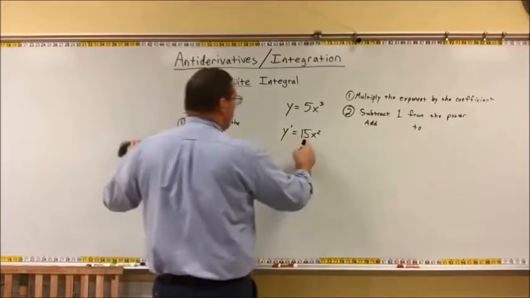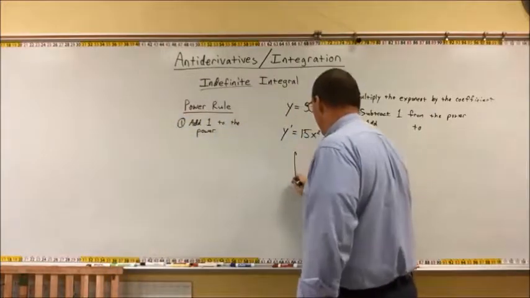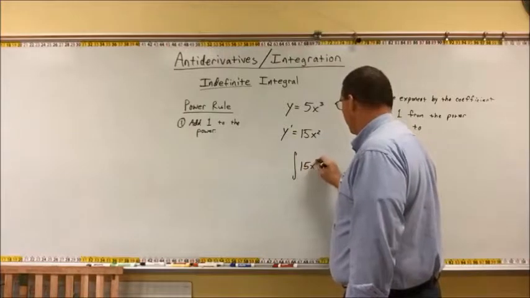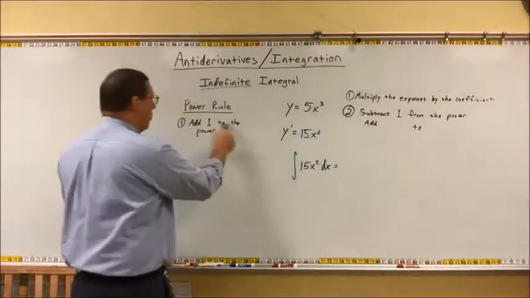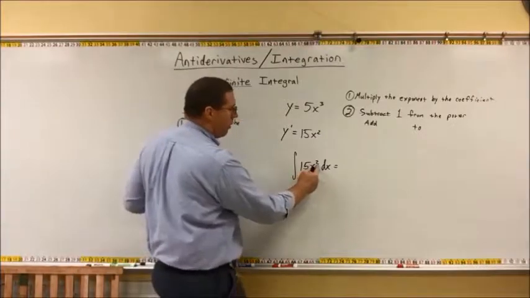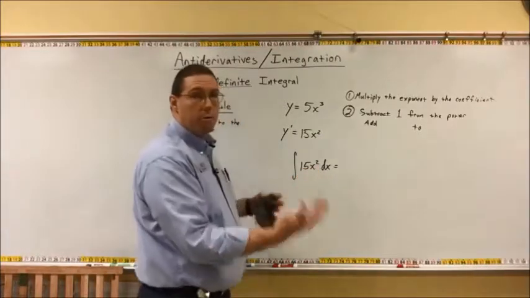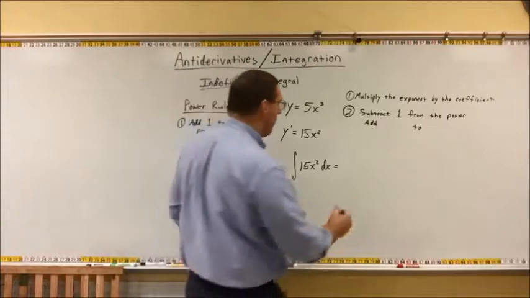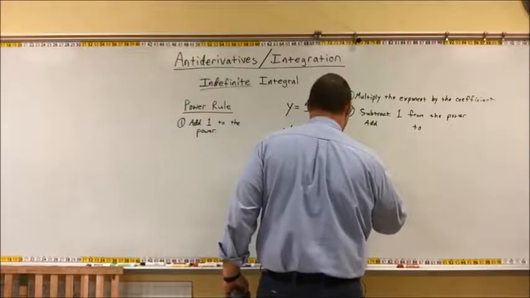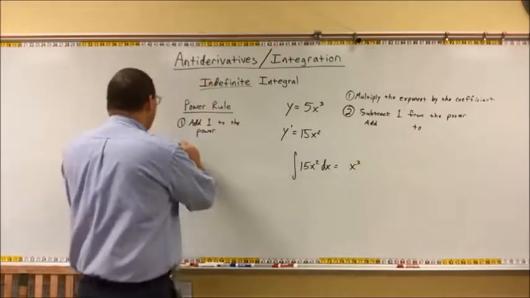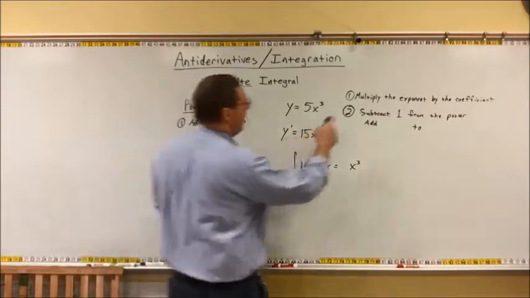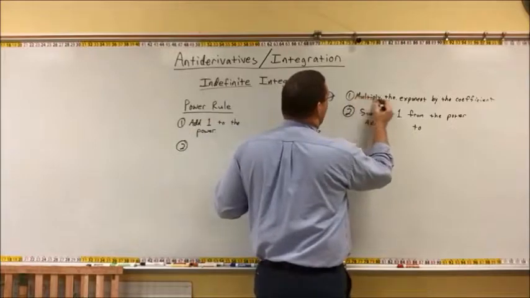Okay, so if we're doing the antiderivative of 15x squared dx, the first thing we're going to do is add 1 to the power. Well, what is the power here? This is x to the second power. So the answer is going to be x to the third power. And then step 2 is going to be, instead of multiplying, we're going to divide.